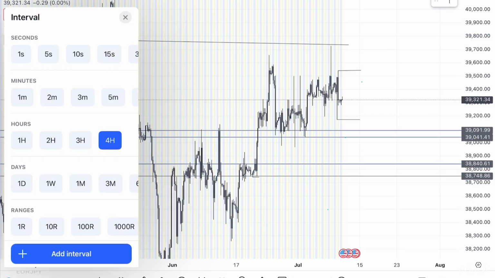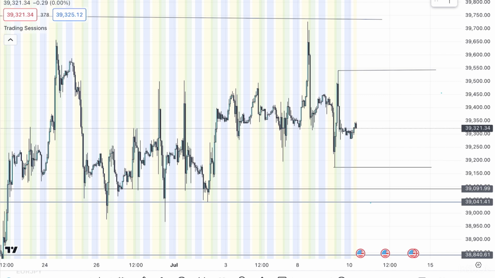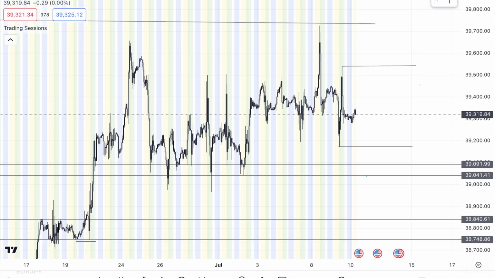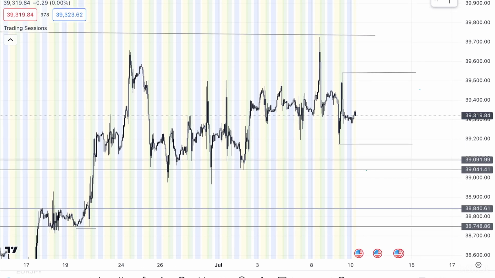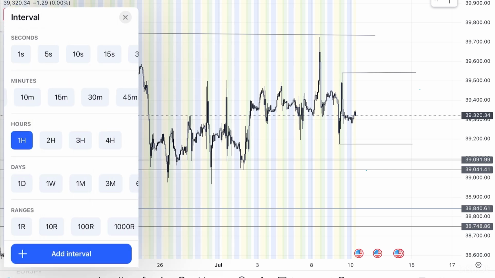Now let's try to drop further and further. Now we're going to 1 hour. We've already said something about the hourly time frame. We don't really know where the market is headed today, but we have already marked our two daily liquidity levels, the upper liquidity and the lower liquidity. Now we drop into the 30 minutes chart.